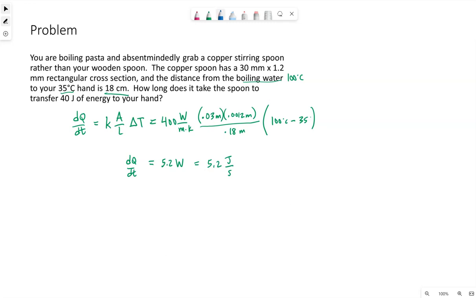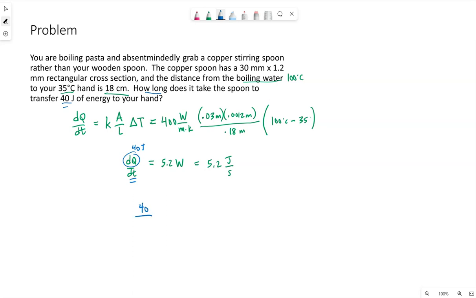So to answer the actual question, it wants to know how long, so how much time is it going to take for the spoon to transfer 40 joules of energy to your hand? So we essentially are saying we have 40 joules, and we want to know the time.